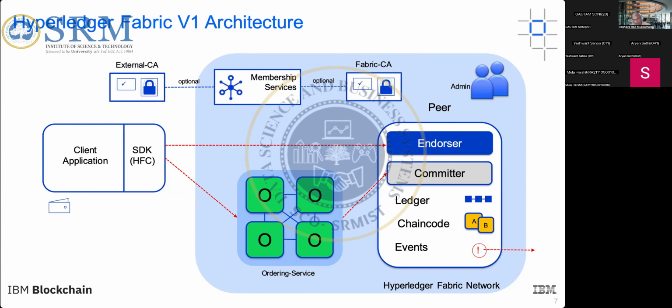But before the transaction is sent to the ordering service, there is one extra step here. We call it the endorser. Let's say you have a client application which wants to put a transaction onto the Hyperledger blockchain, right? Then it will send the transaction to the endorsement nodes.